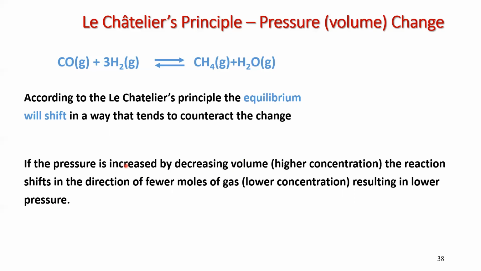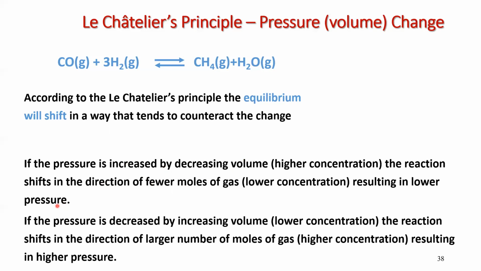The system is going to shift to the side with less moles of gas to lower that increased pressure, to counteract the change we made. And if we were to increase the volume, that will decrease the pressure, which would decrease the concentrations. The reaction is going to shift to the side with more moles of gas because that would counteract or increase the pressure.